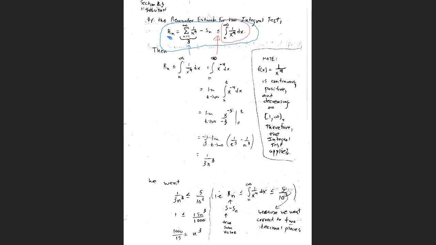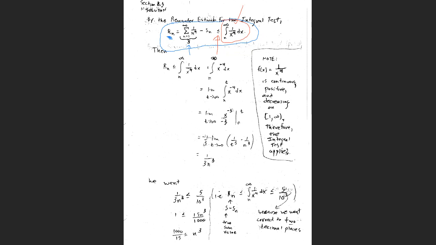So for instance, for our series, the sum from n equals 1 to infinity of 1 over n to the fourth, the remainder is bounded by the integral from n to infinity of 1 over x to the fourth dx.